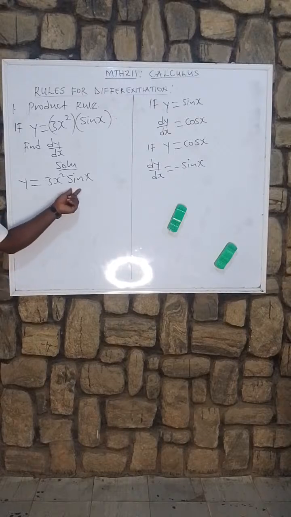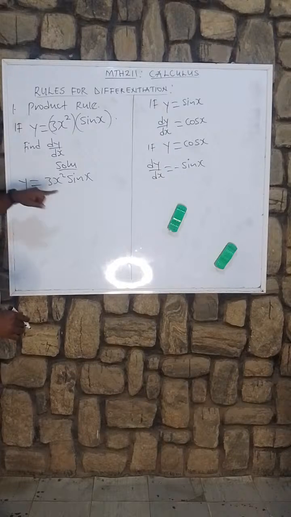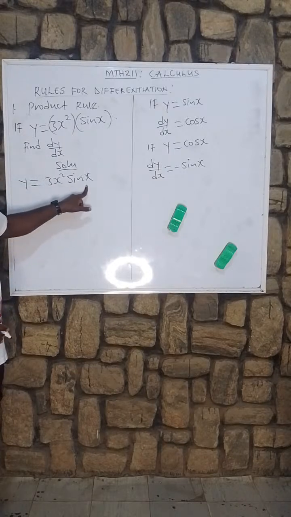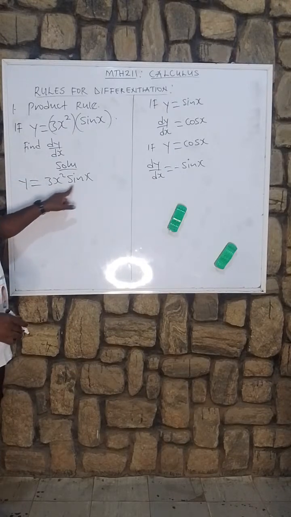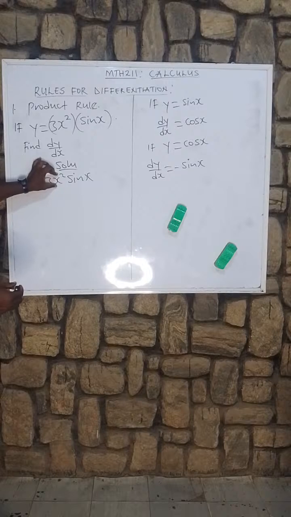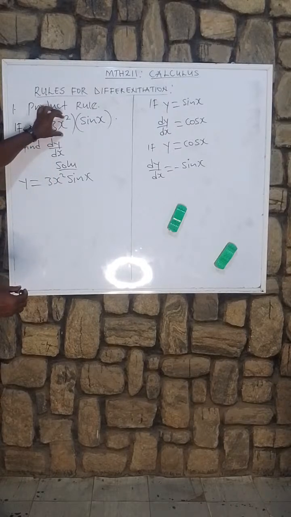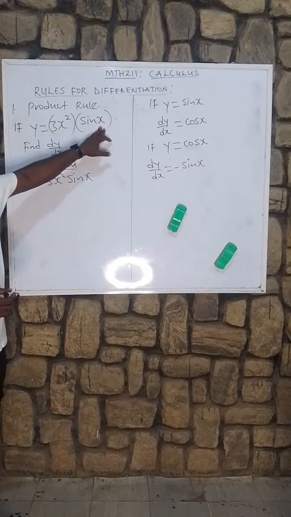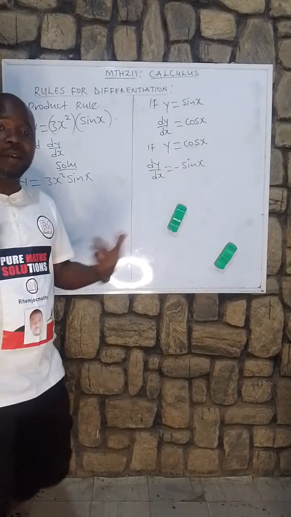You can now see that you don't need a prophet to tell you that for this function you are going to apply product rule. Why? Because this is a function on its own, and this is another function, and they are multiplying each other.